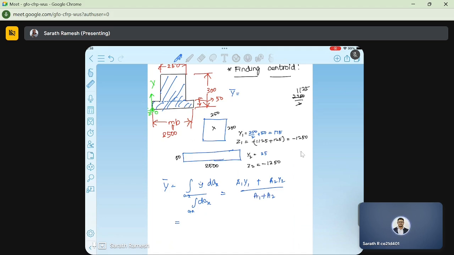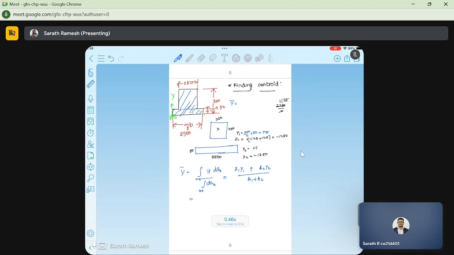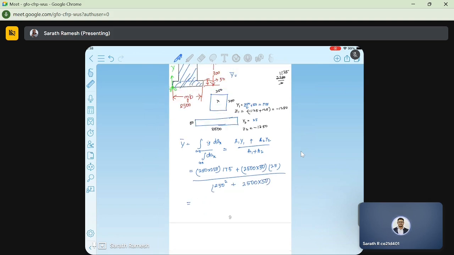So this will be equal to 250 times 250 times y1, which is 175, plus A2, which is 2500 into 50, times y2, which is 25, divided by 250 squared plus 2500 into 50, the total area. So this will give us, let's use the calculator.